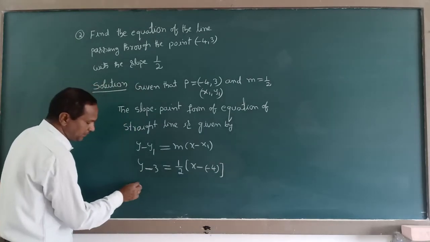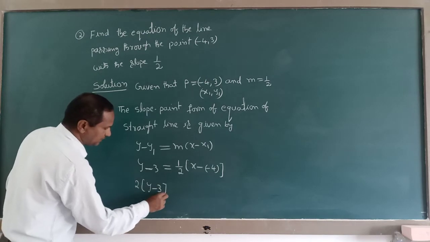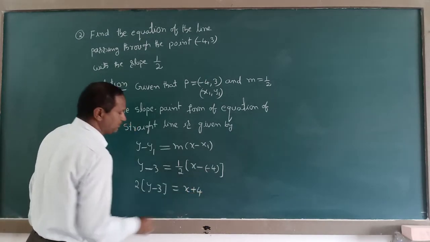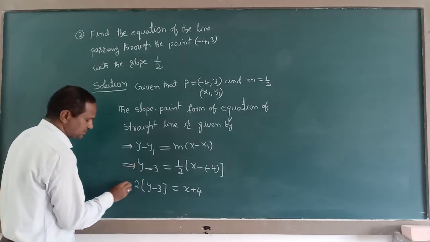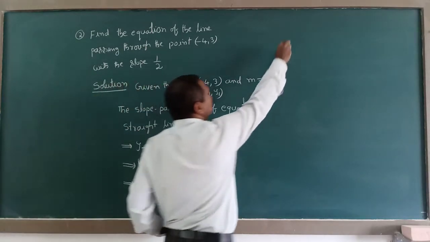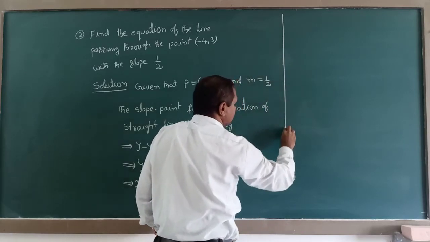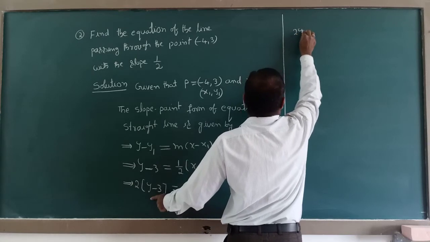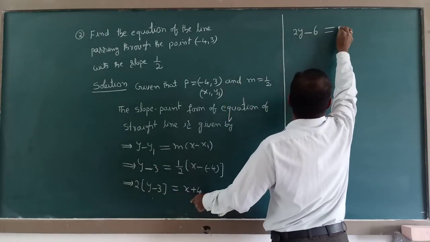Afterwards take cross multiplication. 2 of y minus 3 is equal to x plus 4, since minus of minus 4 gives plus 4. In the left hand side, multiply 2 with the terms in the bracket: 2y minus 6 is equal to x plus 4.